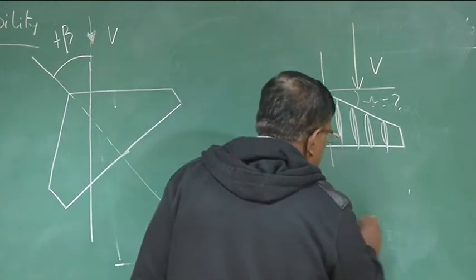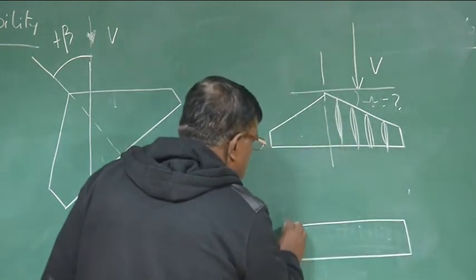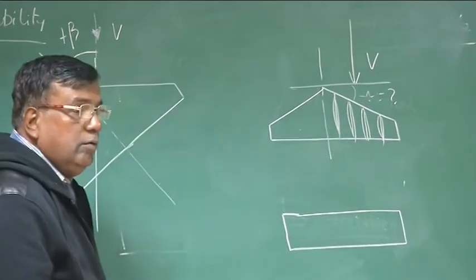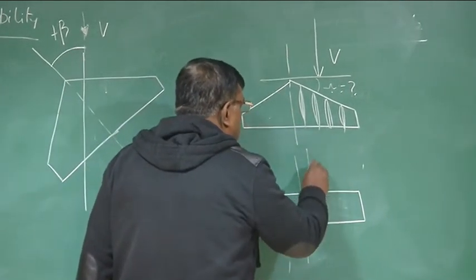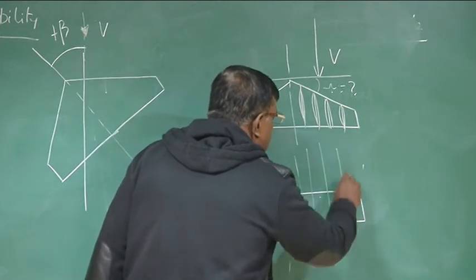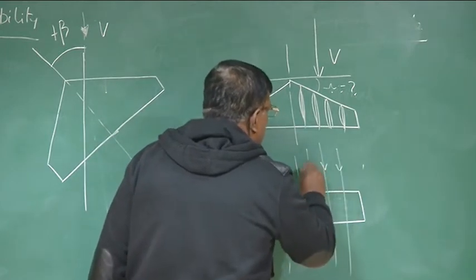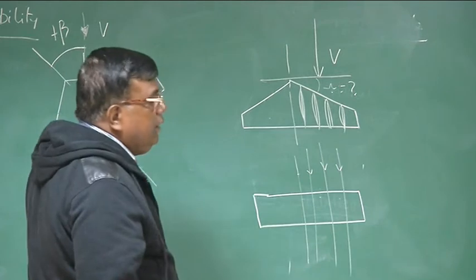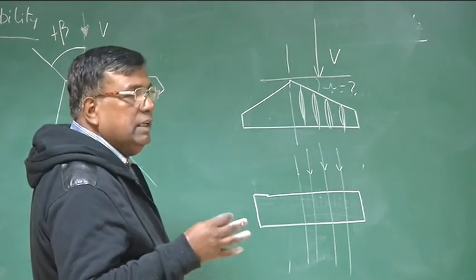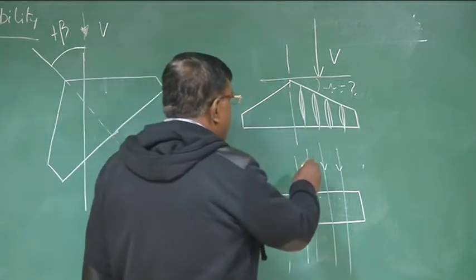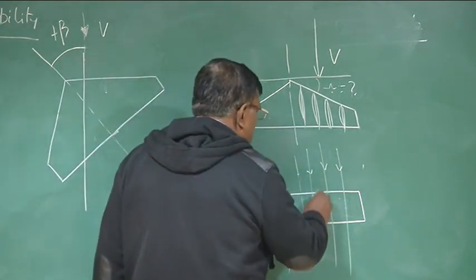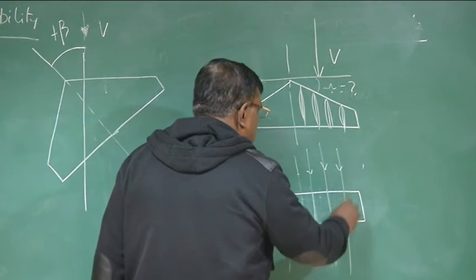The understanding was, suppose this is a rectangular wing and this is the free stream relative airspeed. Most of the forces generated over a wing are because of the normal component of velocity on the leading edge.